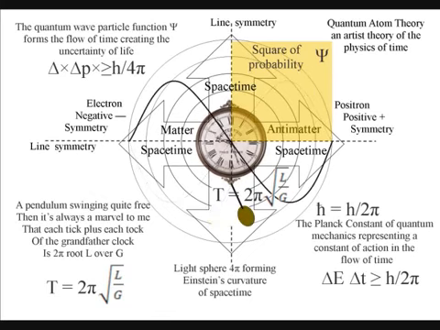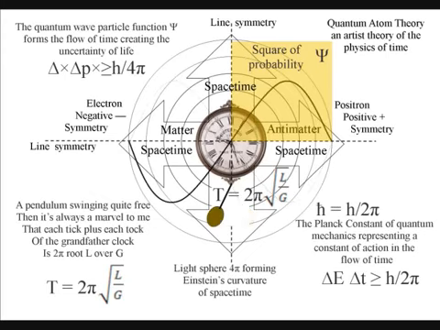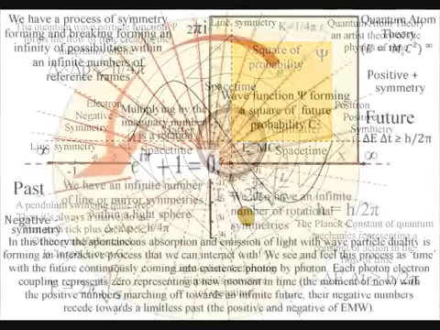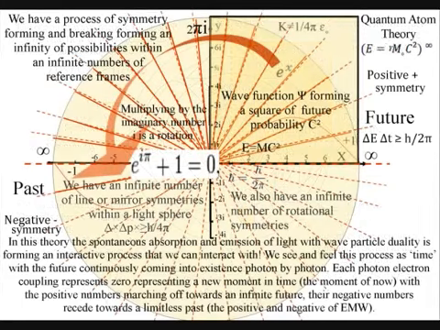Note also that the oscillating wave represents harmonic motion, and that the equation representing the movement of the pendulum is typical of equations representing the movement of objects, with 2 pi representing a universal process of spherical symmetry forming and breaking that we see and feel as the flow of time.